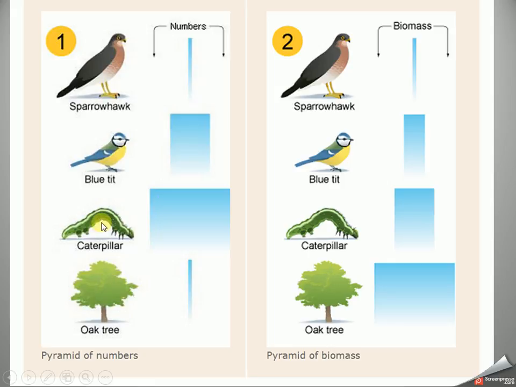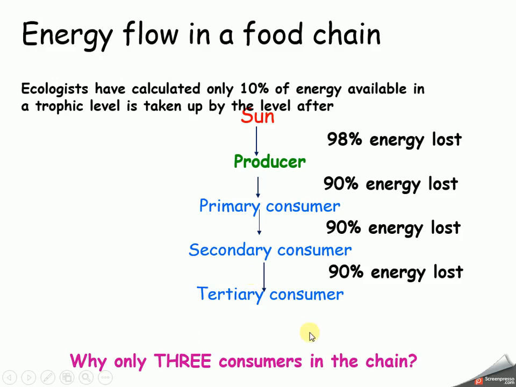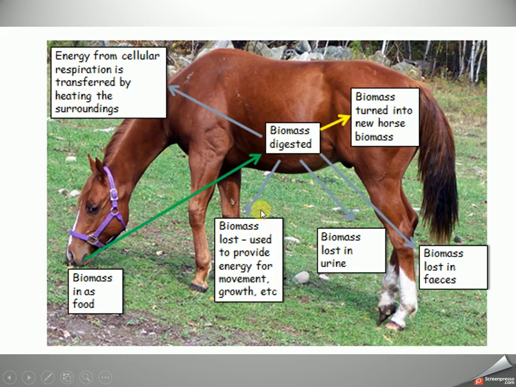So from the caterpillar, only 10% of the energy is making it to the blue tit, and then 10% of all the energy from the blue tit is making it to the sparrowhawk, which is why the mass gets lower as you go up, as the biomass. So you guys have to know why. Well, because some of the energy is lost for movement, or respiration. Some of it is lost in urine.